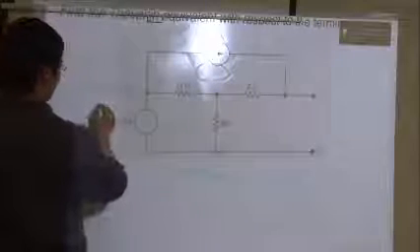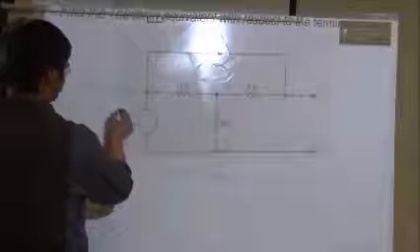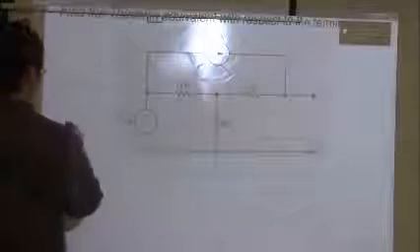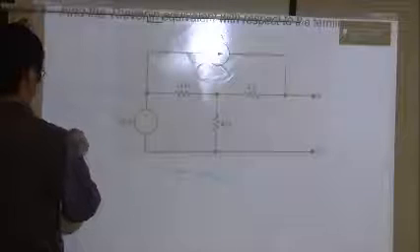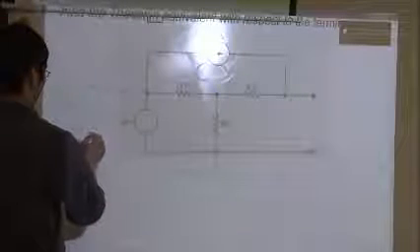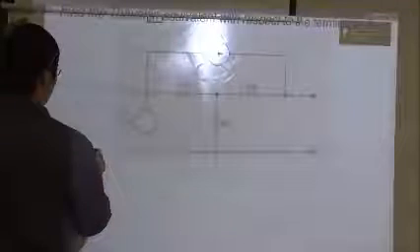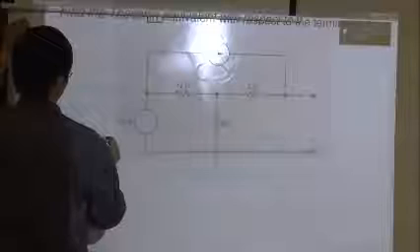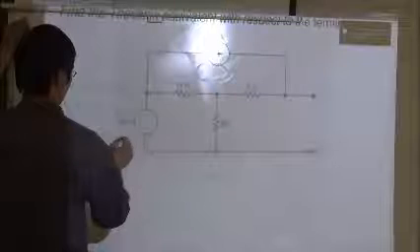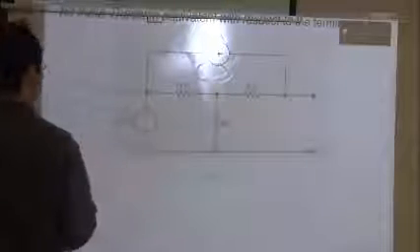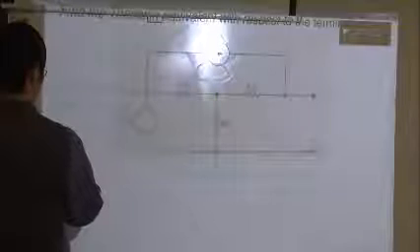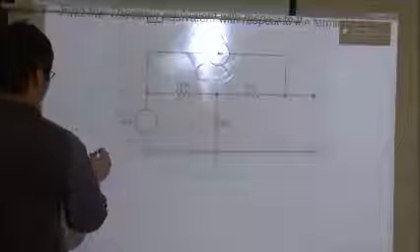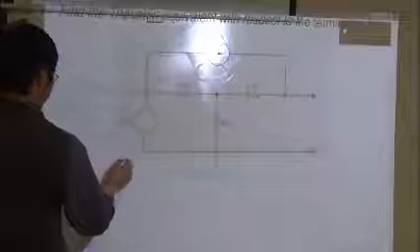Which will be 6 ohm of I1 minus I2. Okay, those are the two equations. So rearrange it. 12 will be equal to 18 I1 minus 96 minus 6 I2. And then this one, 2 I2 minus 16 will be 6 I1 minus 6 I2.